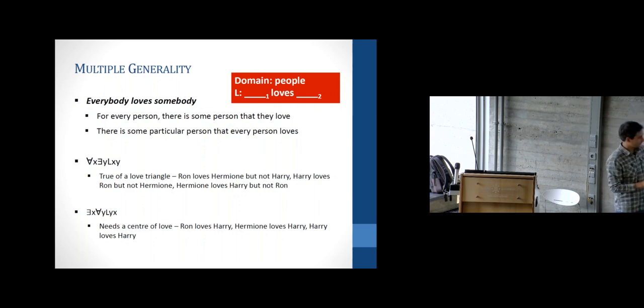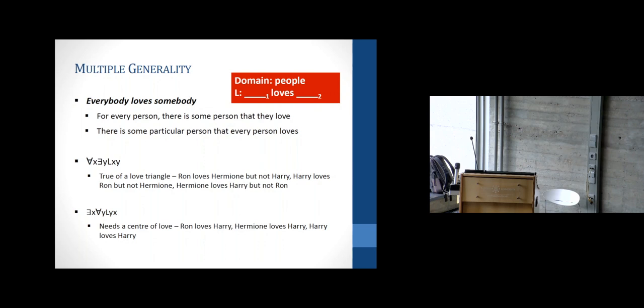And why is this false? This says that there is someone such that everyone loves that person. Okay? Let's do A, B, C, okay? A loves B, B loves C, and C loves A. Okay? Do you see? Does B love A?